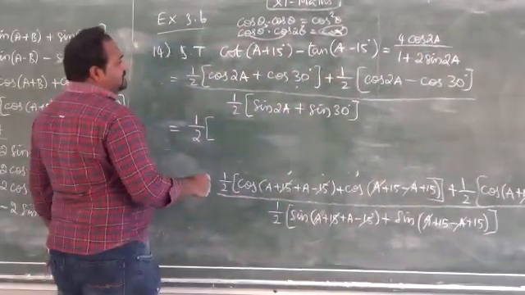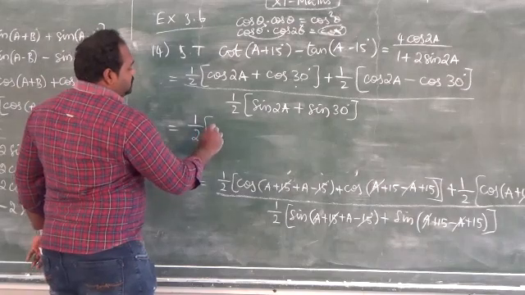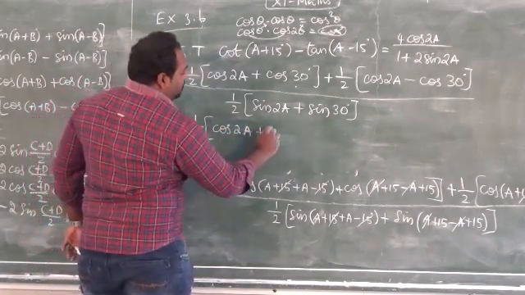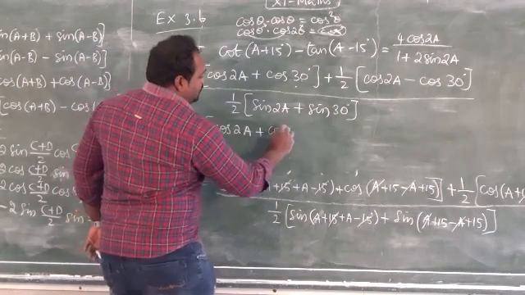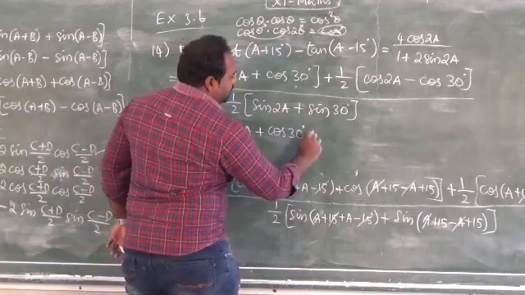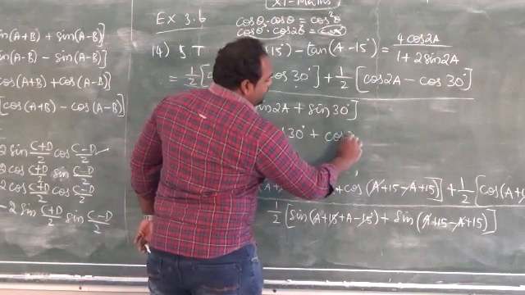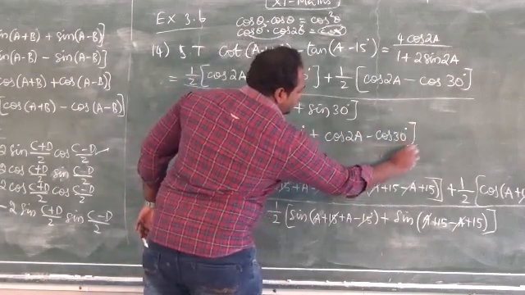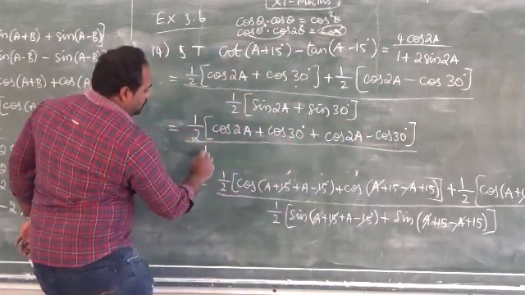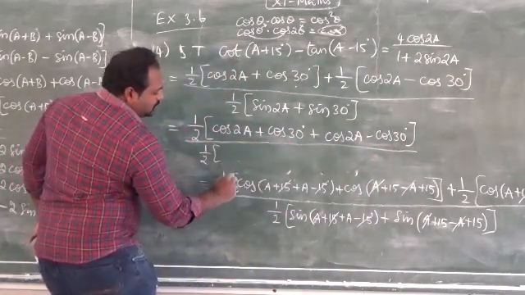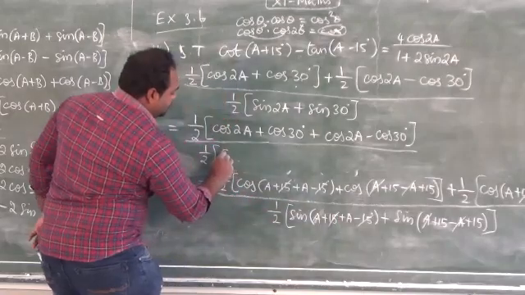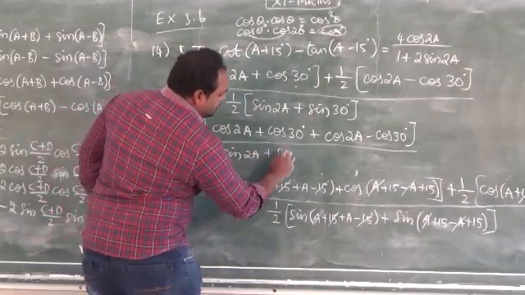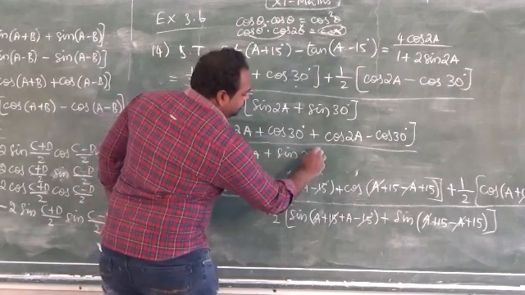If I take 1 by 2 commonly outside, cos 2A plus cos 30 degree plus cos 2A minus cos 30 degree, whole divided by 1 by 2, here we have sin 2A plus sin 30 degree.